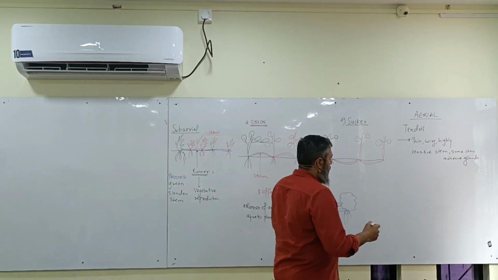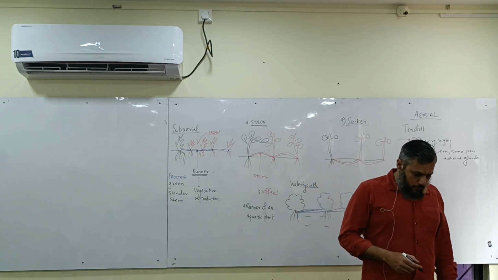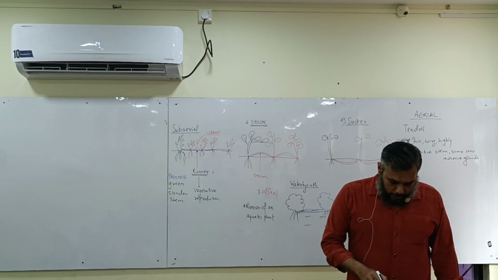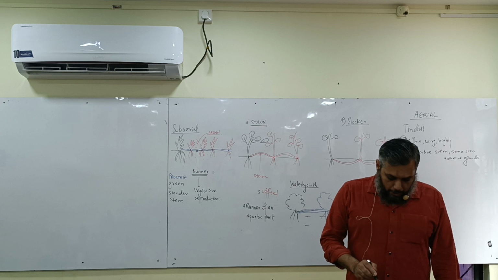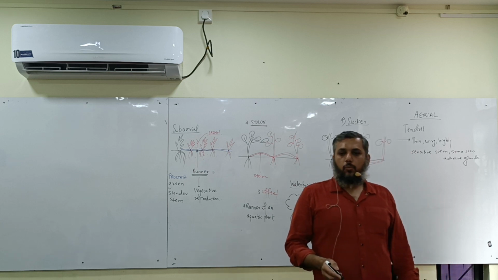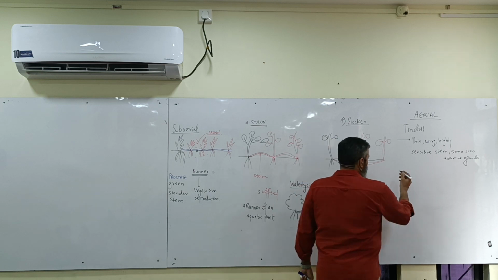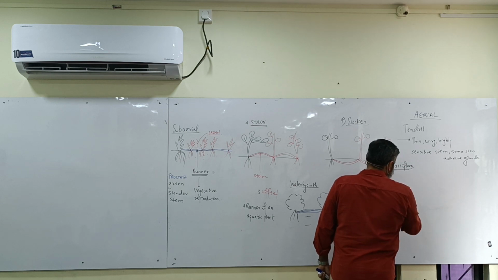Okay? So we have given two examples over there. What are the two examples we have mentioned? Axillary tendril in Passiflora and apical tendril in Vitis. Okay, now what do I mean by that? Can anybody guess over here? When I'm talking about Passiflora, it's the name of a plant.